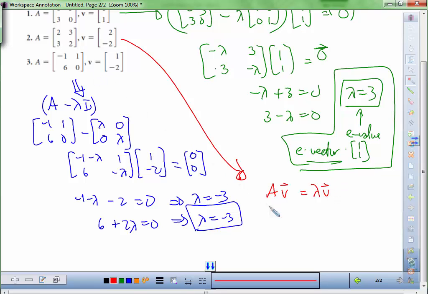So if you take your matrix A, 2, 3, 3, 2, multiply it with the vector 2, negative 2, so you're going to get, what is this, 2, 4, 4 minus 6 is 2, and 3, 6, 6, negative 2? Okay. This one is 6 minus 4 is positive 2?